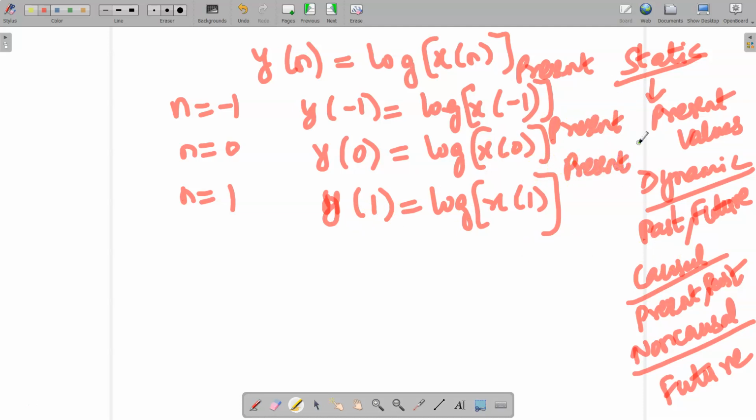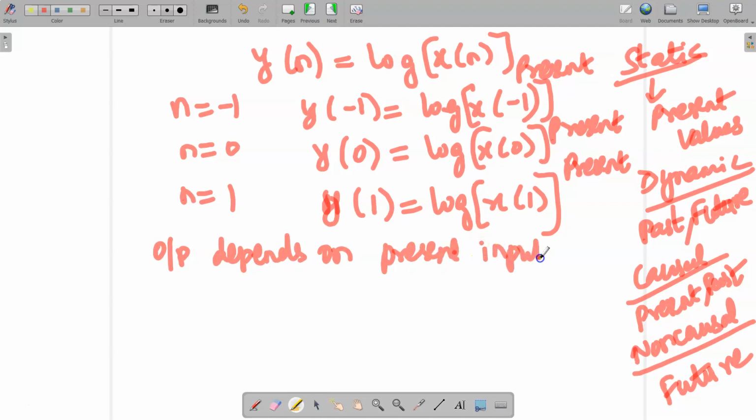So you can conclude that the output depends upon present input only. Hence, only present means you need to say that it is static. Hence, it is said to be a static system.